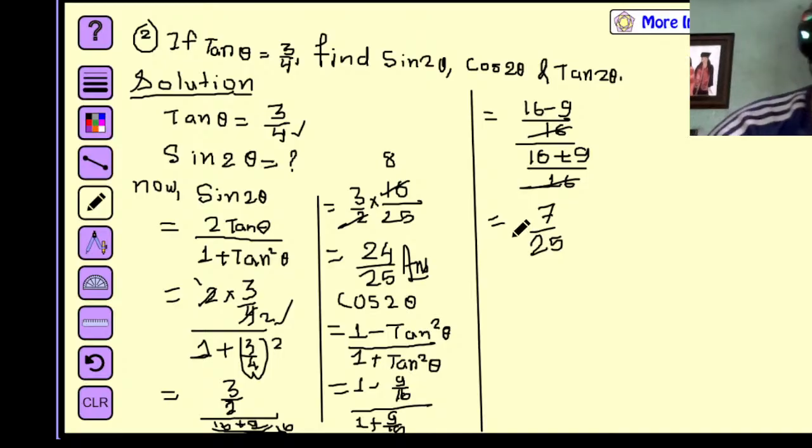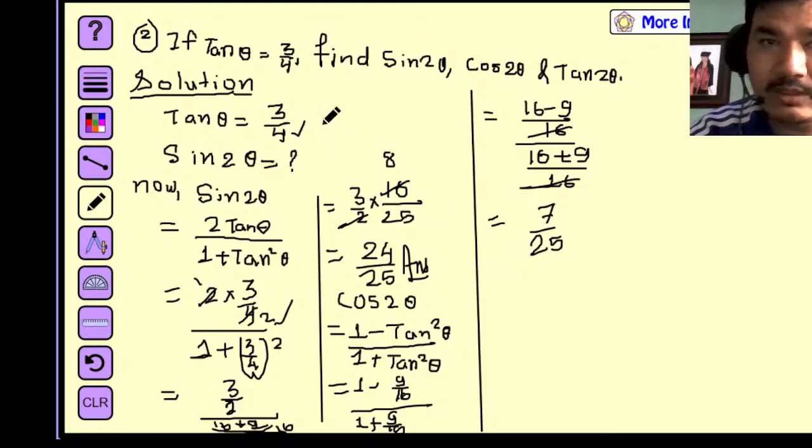This is question number 2 of today's class, and we are finding cos 2 theta. Cos 2 theta that we got here is 7 by 25. Okay, this is the answer of this.